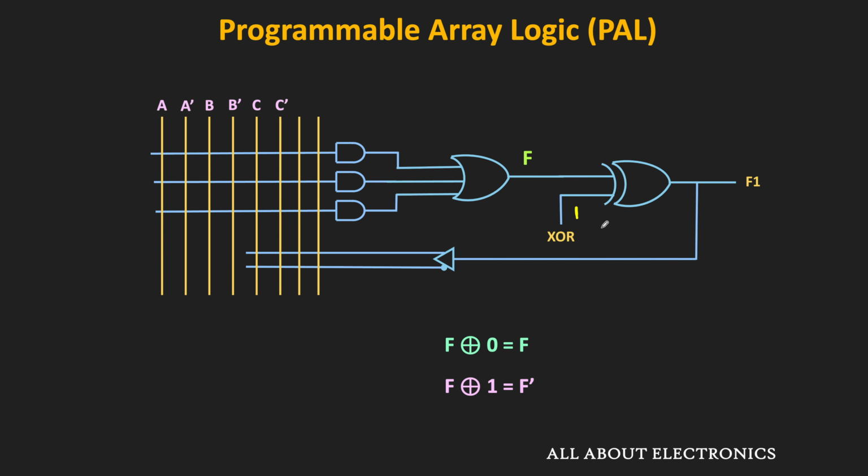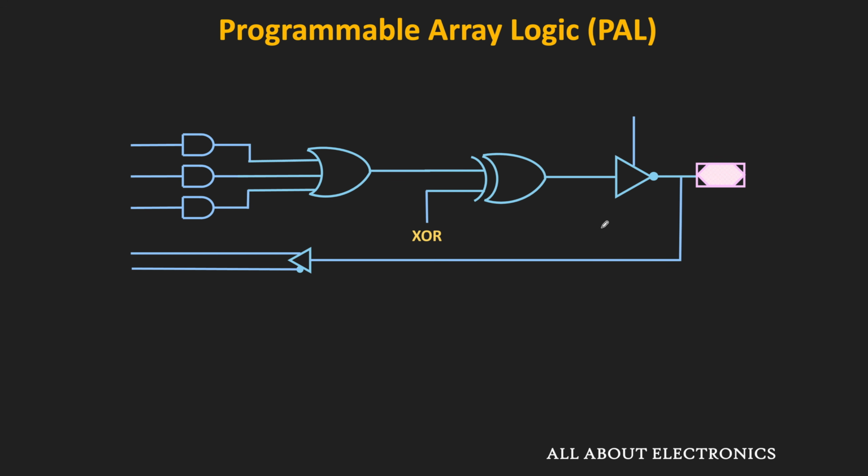So apart from having the functionality of inverting the output using the XOR gate, this macrocell also consists of the tri-state buffer or the inverter. So here let's assume that at the output side we have this tri-state inverter. That means whenever the control input of this tri-state inverter is 1, then it will complement the input. And whenever this control input is 0, then it will act as an open circuit. For example, let's say the output of this OR gate is equal to F. And here let's also assume that this XOR input is equal to 0.